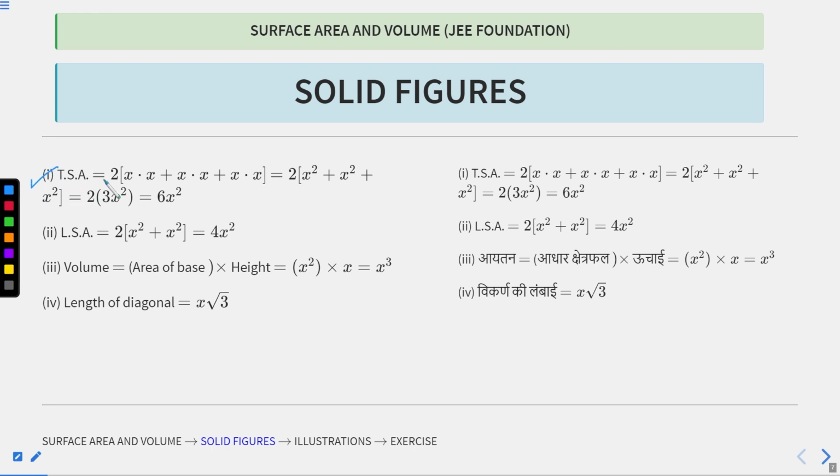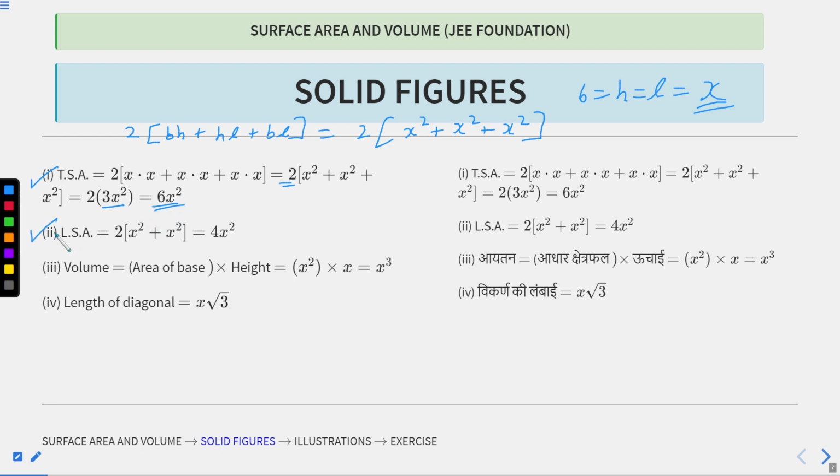If you recall, in a cuboid the formula for total surface area was BH, HL and BL, and by putting B equal to H equal to L equal to x, if you are assuming a cube of side x, then we have x square plus x square plus x square, which equals 3x square, and 2 is already there, so the TSA or total surface area is equal to 6x square.